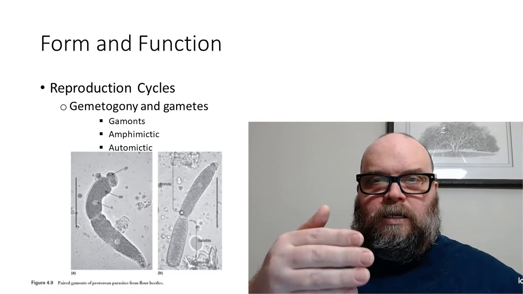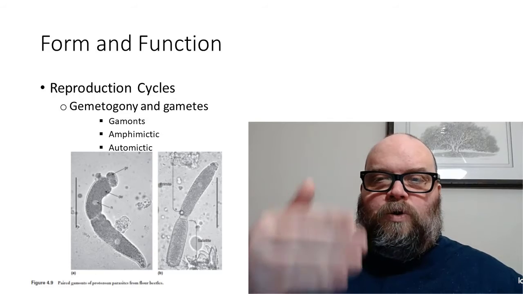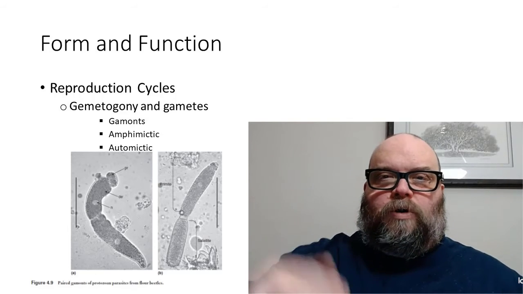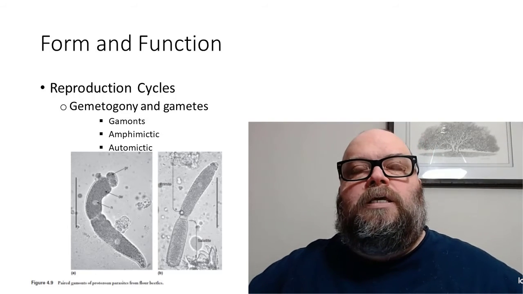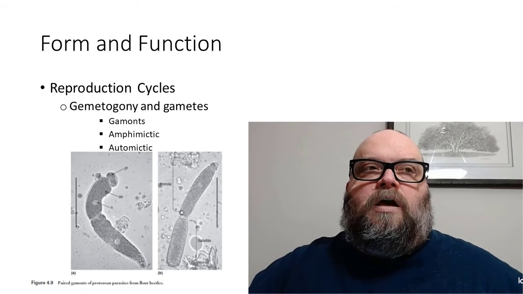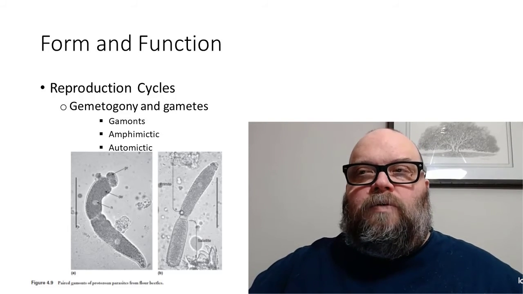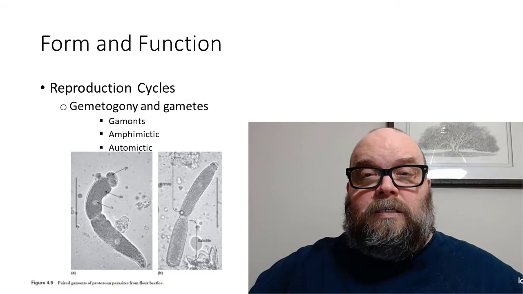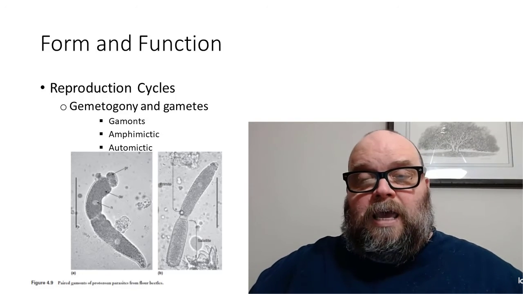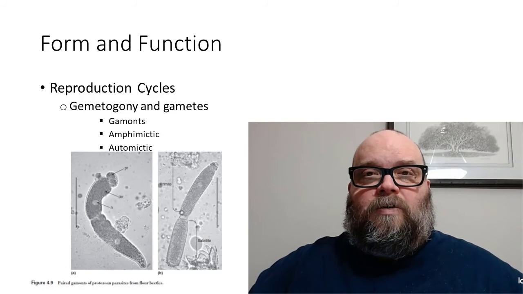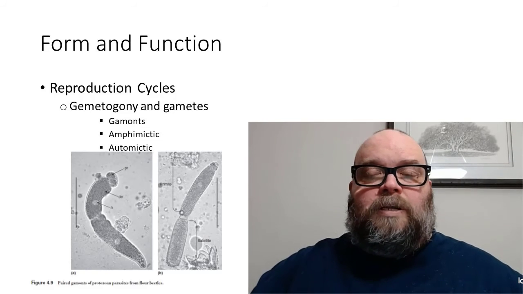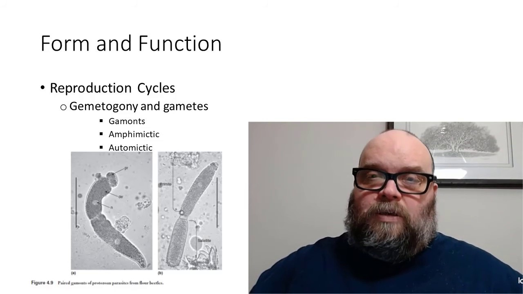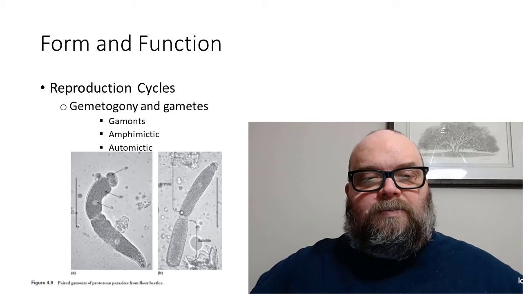That's what the automictic does. It makes sure that there's going to be more, because you can't always run into another parasite. If you're a gastrointestinal parasite, the chances of you running into something that is an alpha when you're an A, well, you're in somebody's gastrointestinal tract. If you run into another protist, well, you're just lucky enough to have done that.